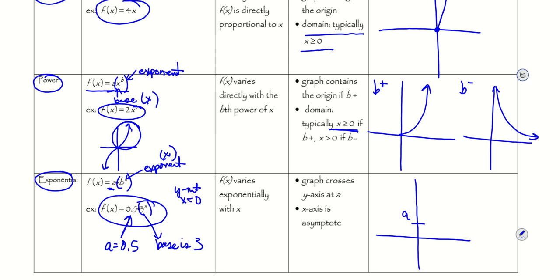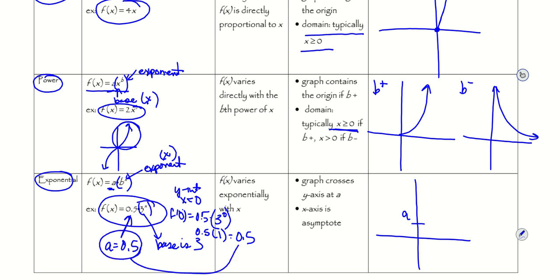If we plug 0 in for x, then we get f of 0 is 0.5 times 3 to the 0. Well, what is anything to the 0 power? It is 1. So this is 0.5 times 1, which is just 0.5, which is our value of a.